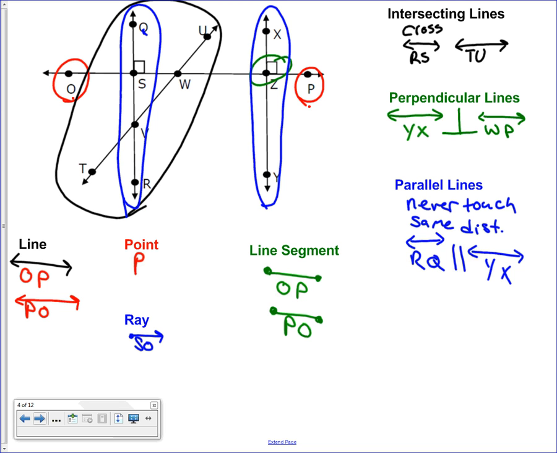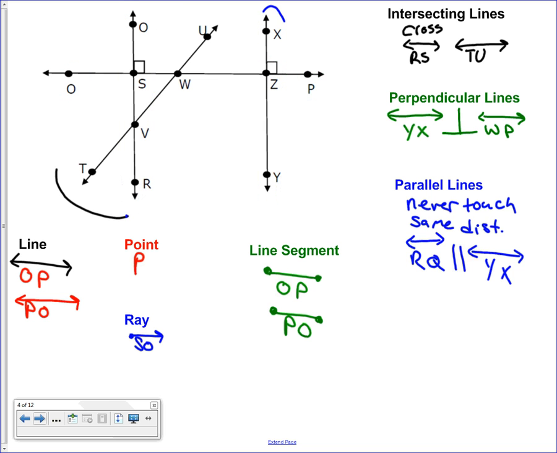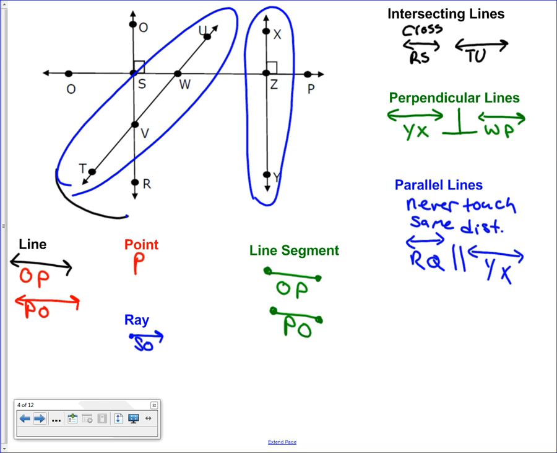They stay the same distance away from each other all the time. But like this line over here, and I'm just going to do a big circle and see if I can erase as much of it as I can. But like this line right here and this line right here, eventually, because these lines keep going, eventually they're going to meet way up there at the top of the screen. So they would not be parallel. Those are not parallel lines.